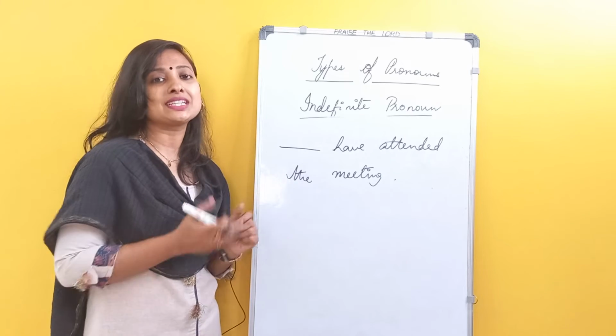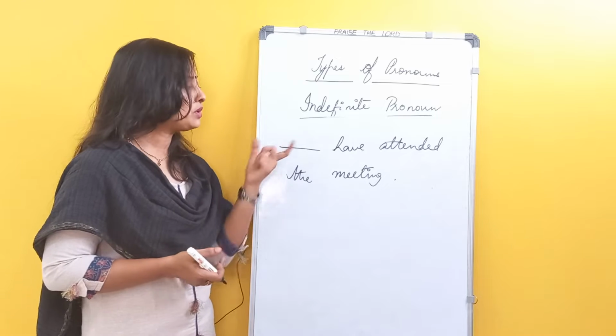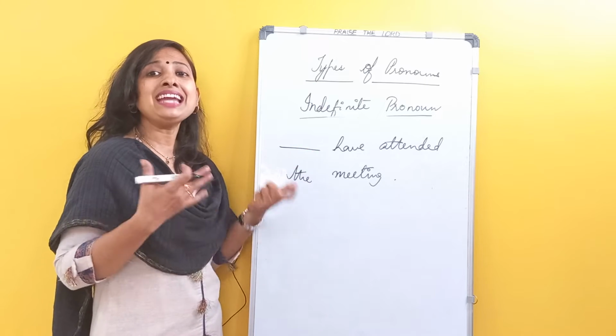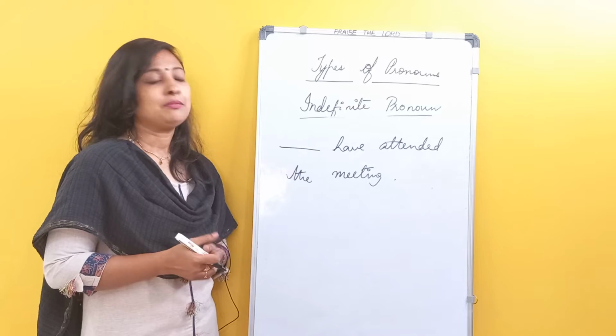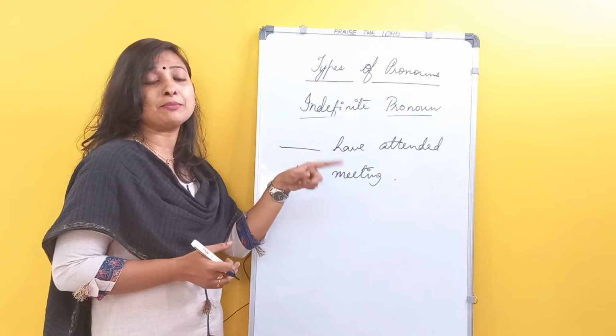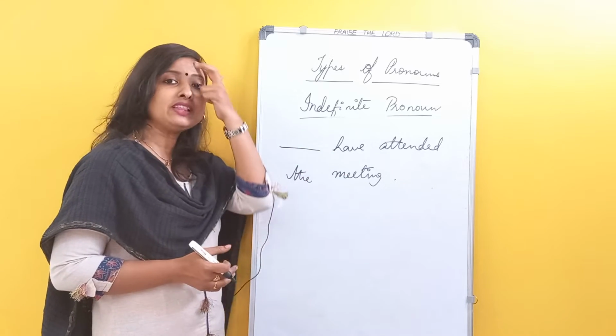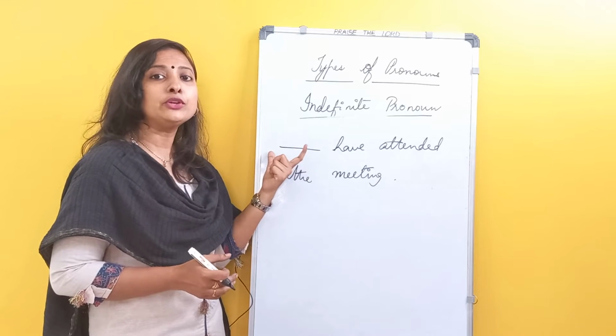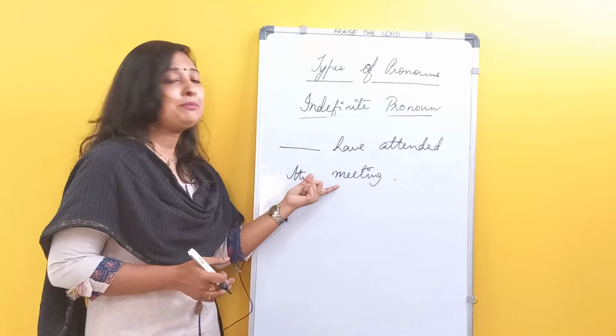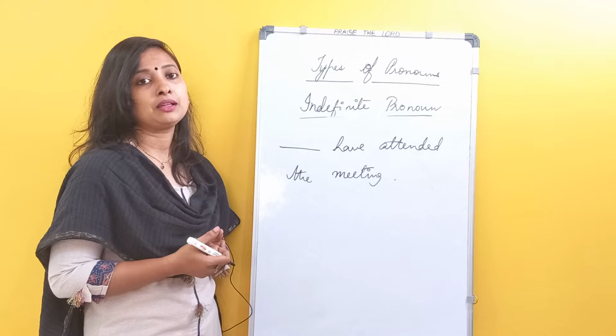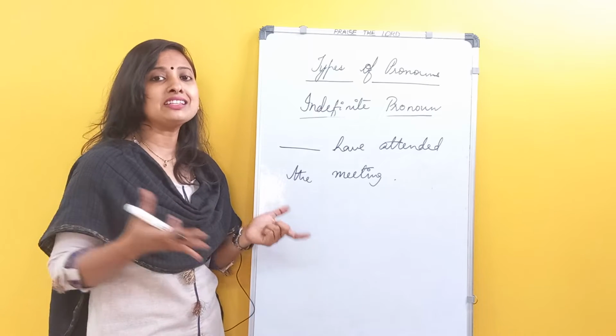Just now I have used the sentence also. So it can be many have attended the meeting, because I didn't use most of them. If I had used of, then you could fill that word with most of. But I have used dash have attended the meeting. So many have attended the meeting.